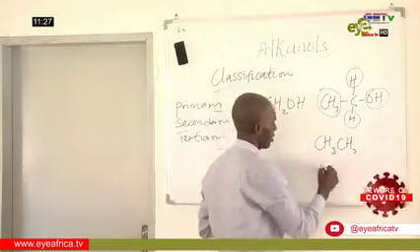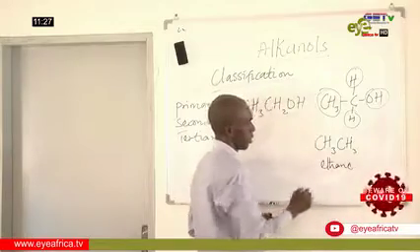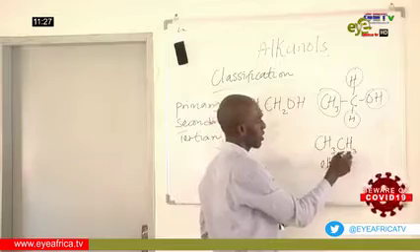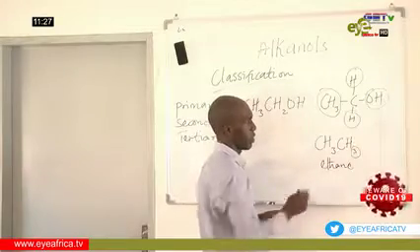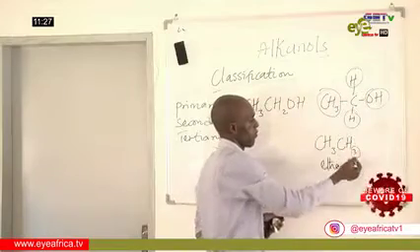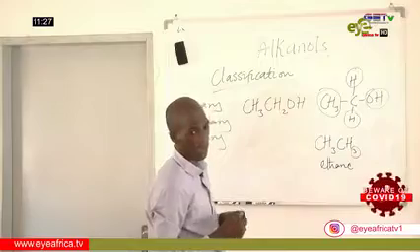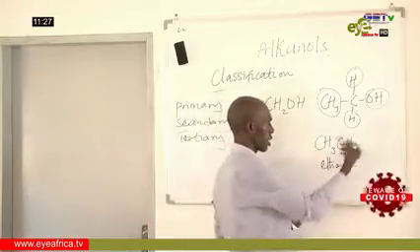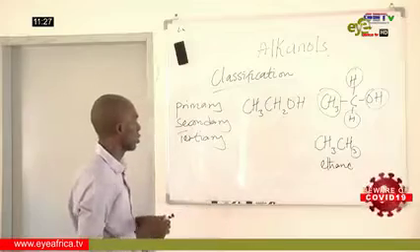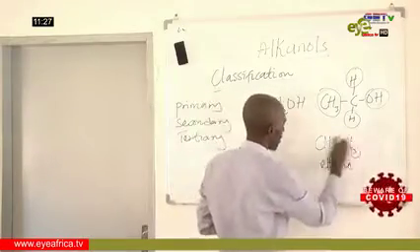This is ethane. So the OH substitutes a hydrogen. So 1 hydrogen is being substituted from here. So that's why we end up having 2 hydrogens. So if a hydrogen is substituted from an alkane by an OH, then we can classify that compound as a primary alcohol.